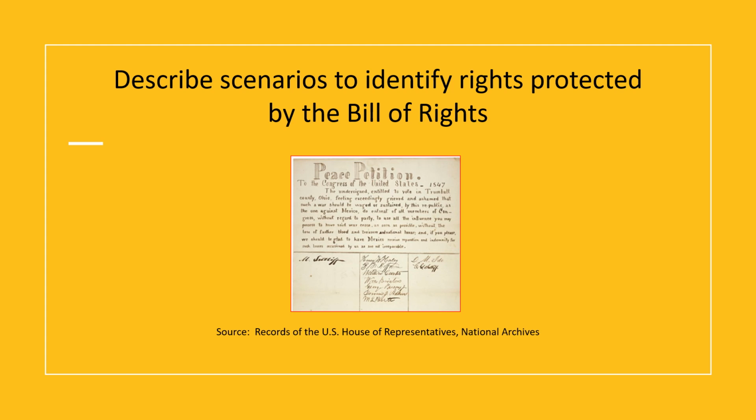Because this right is protected, the people who signed this petition should be confident that by signing it, knowing it is going to the government seeking peace, they would not be arrested or somehow charged with a crime for participating in this petition.